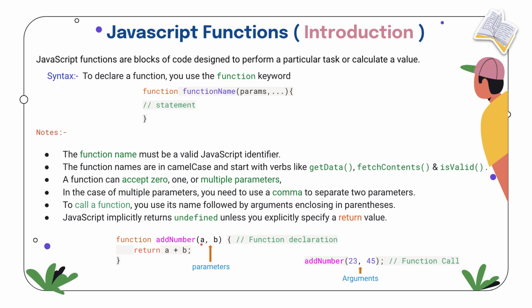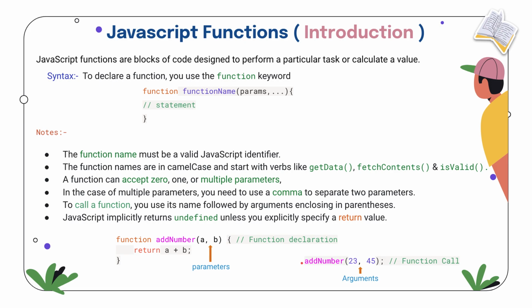Whatever variable you define inside the parenthesis when creating a function is called a parameter. Whenever you call the function, the actual data you pass to that function while calling is called arguments. So these are the things we have to understand.